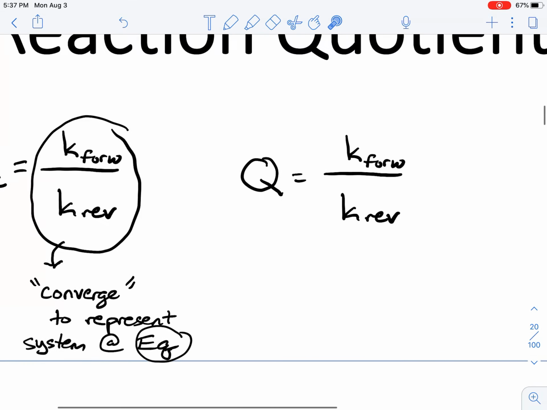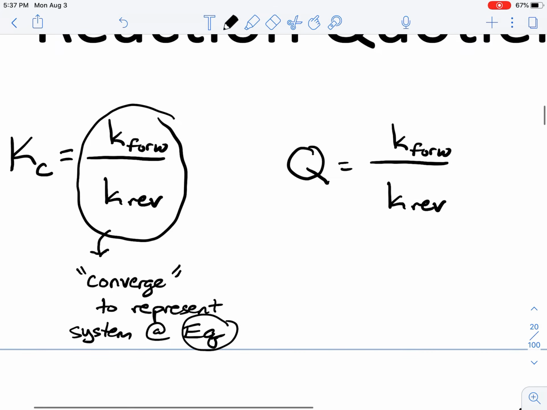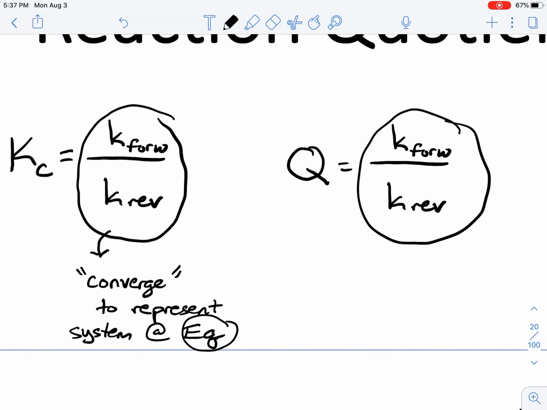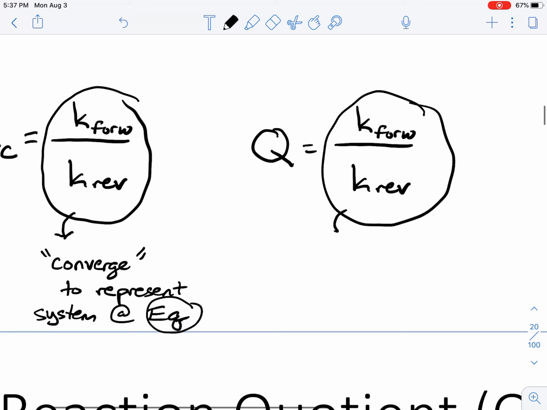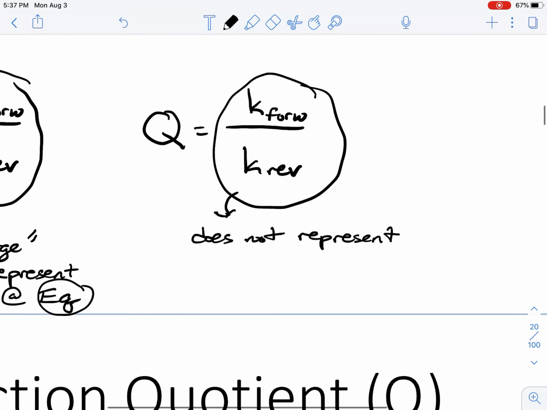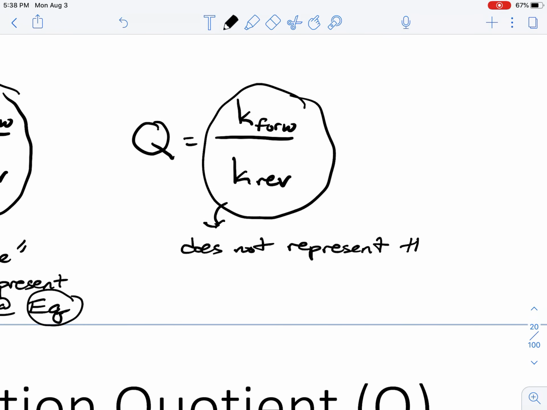And so the ratio for the reaction quotient between the two rate constants, the forward and reverse, does not represent the rates at equilibrium.